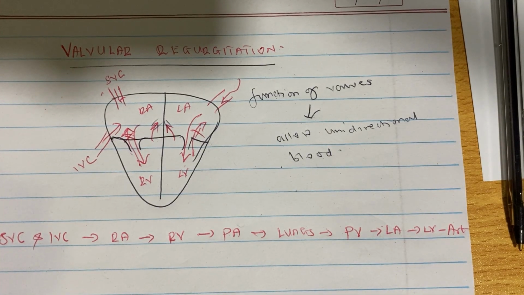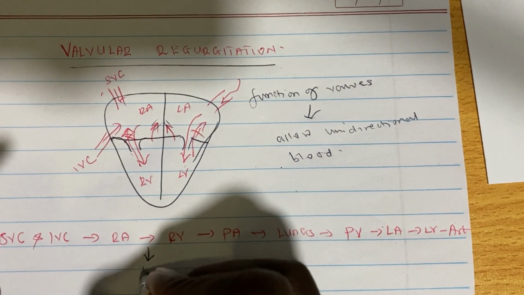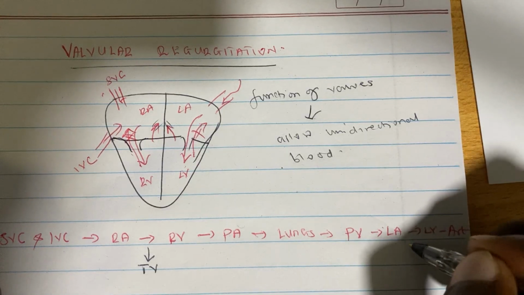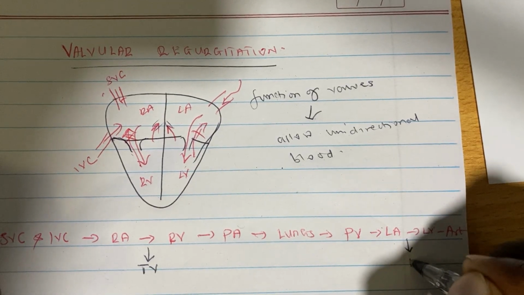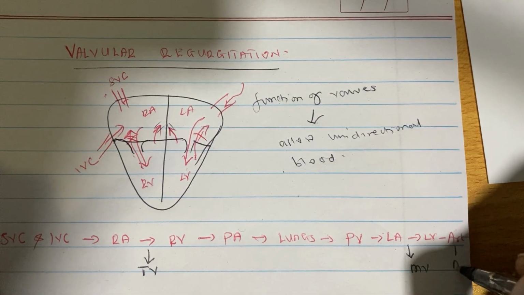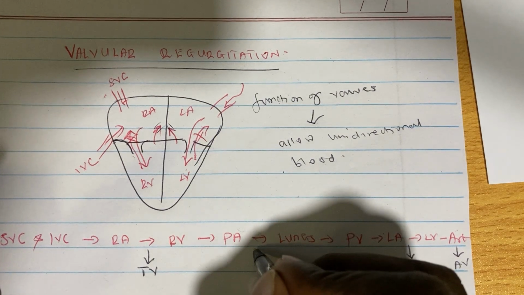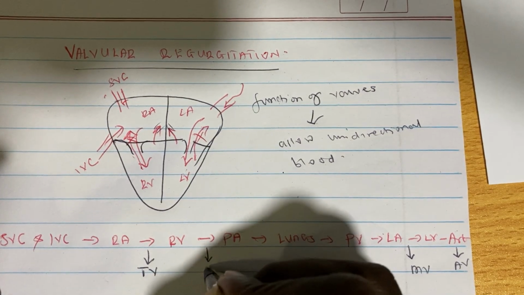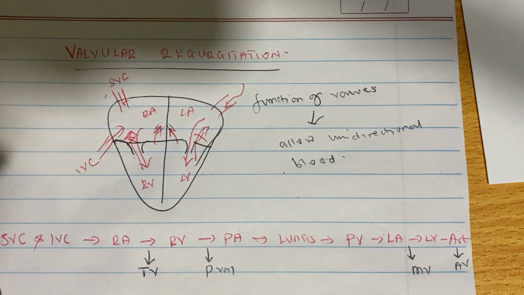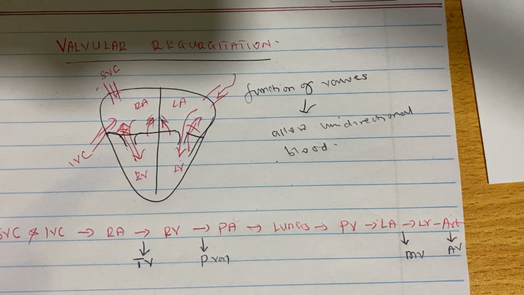So where are the valves? The valves are at these junctions. We have the tricuspid valve, then the mitral valve, then the aortic valve, and then the pulmonic valve.